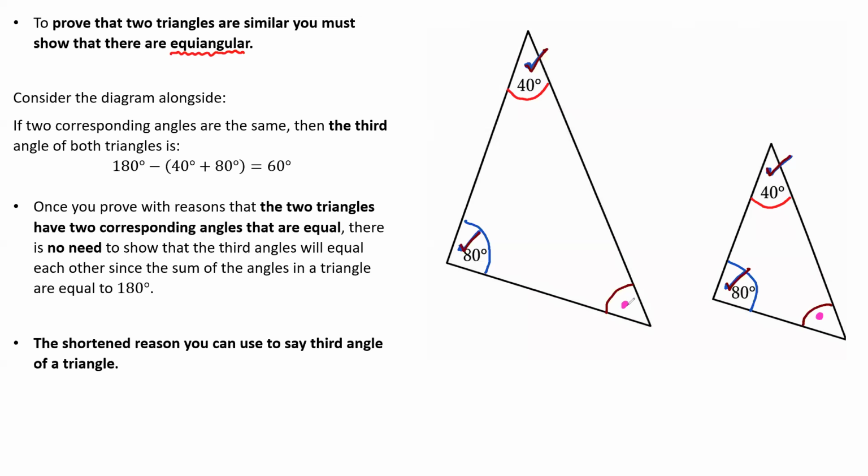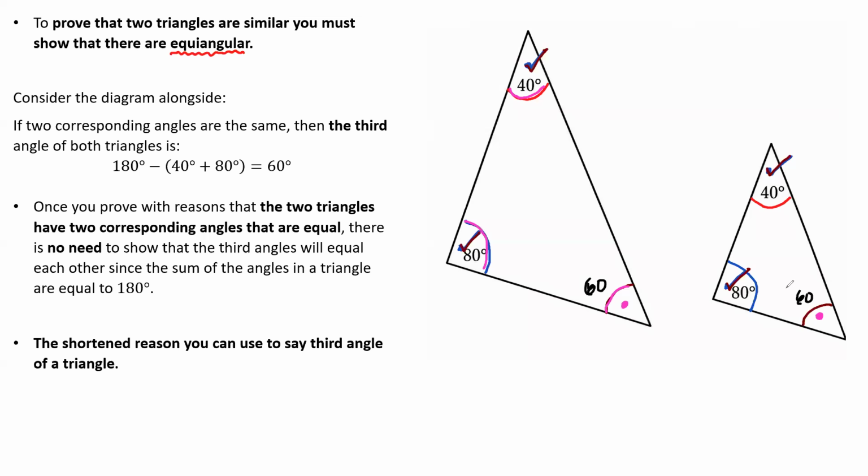Why are you confident this one is equal to this one? Because we were taught that all the angles in a triangle add up to 180. So with 40 plus 80 already, this one is now 60, and on the other triangle, this one is also 60.